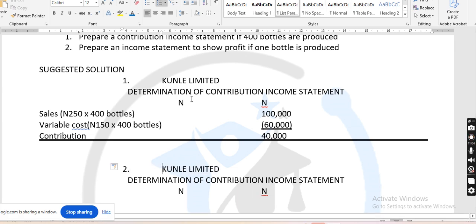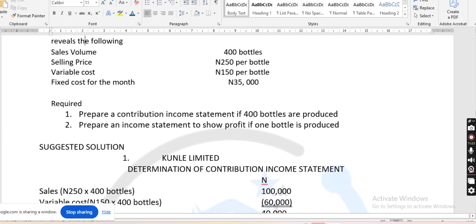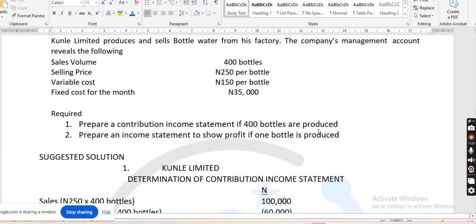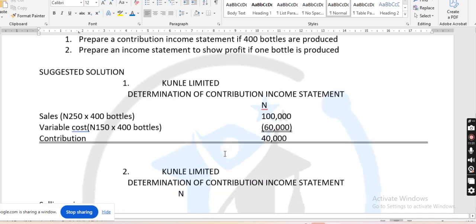So just only for one bottle, we have your selling price, because selling price is per bottle. Class, selling price is what? Selling price is per bottle, and you just need only one bottle. You don't need 400 bottles, right? Now, the selling price is 250.